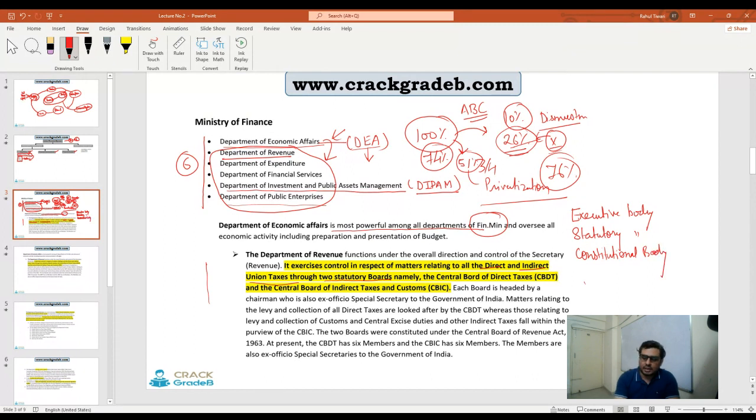So if a question is asked, RBI is an executive body, statutory body, constitutional body, or none of the above, then what should be the answer? RBI is a statutory body. How is it a statutory body?